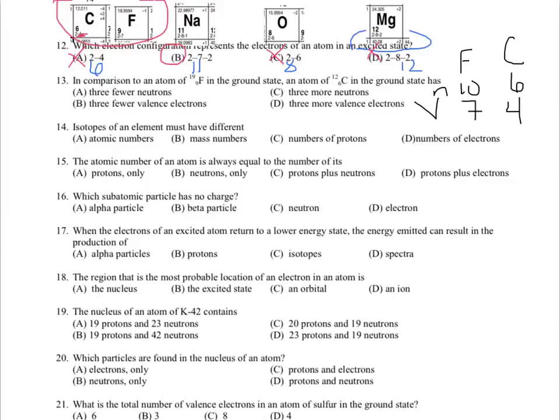So all of our answer choices have the value of 3. So we see that the neutrons are different by a value of 4, so we must not have to worry about neutrons. Here we're going to look at valence electrons. And here it says we're referring to carbon. So carbon has 3 fewer valence electrons.